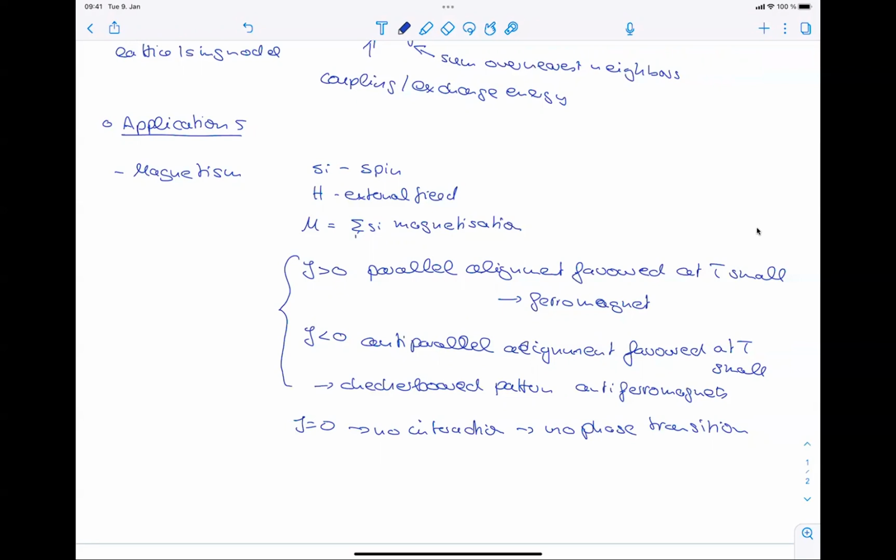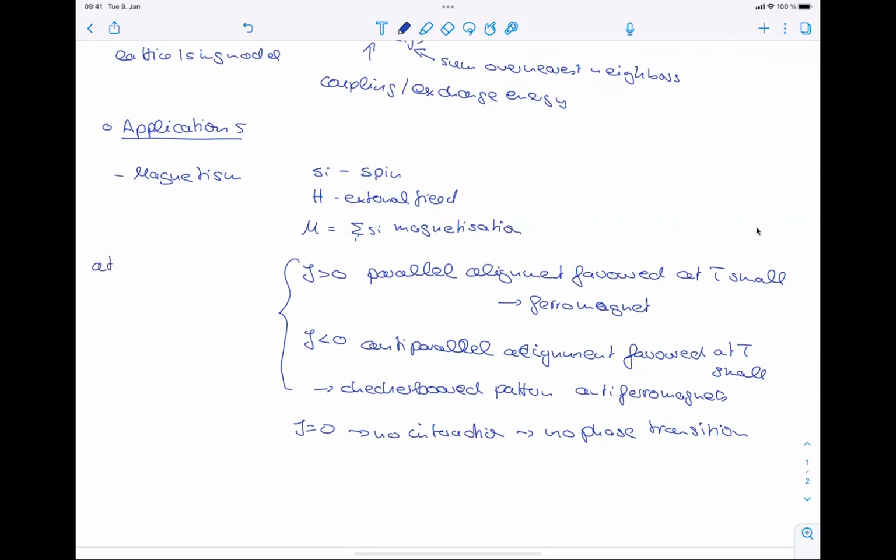By providing enough thermal energy to the system, the spins will happily fluctuate around and have a paramagnetic phase. So independent of the choice of J, as long as J is non-zero, for all T large, I have a disordered magnetic phase with no preferred magnetization.